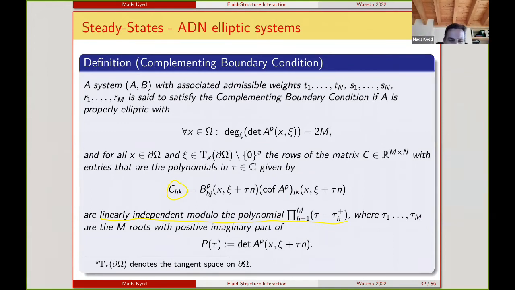The linear factors corresponding to these roots constitute the polynomial, and we have to ensure linear independence of our C polynomials modulo this polynomial, which is the product of the linear factors.